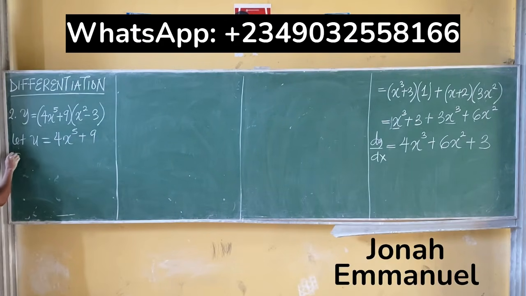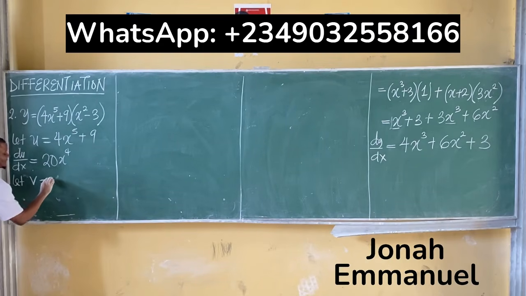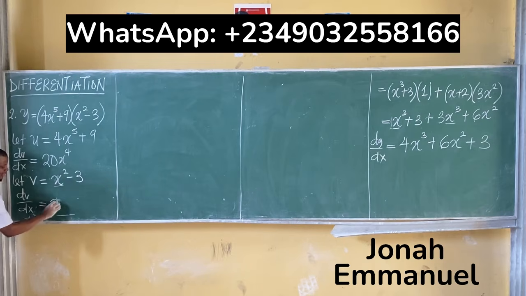Let's get du/dx. du/dx is equal to 20x to the power 4. That's all. Next up, let v be equal to the second term, x squared minus 3. Give me the dv/dx. This gives you 2x. All right.